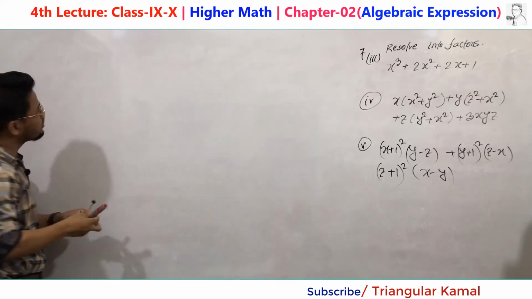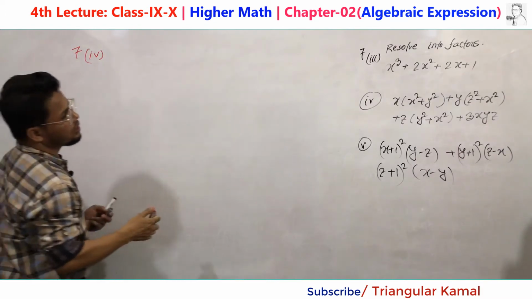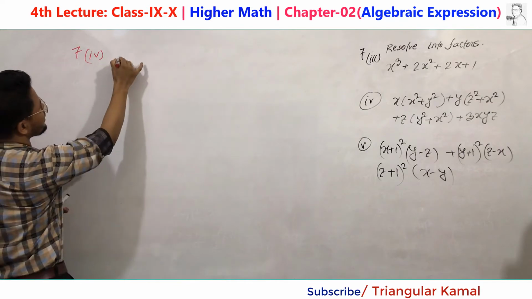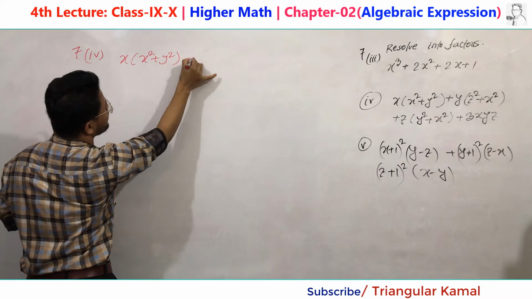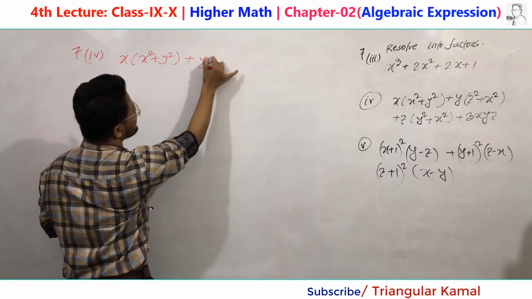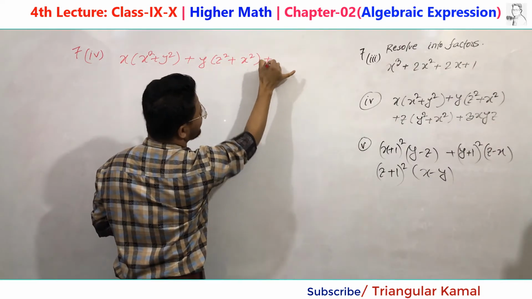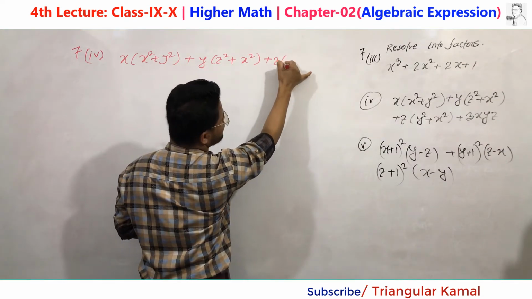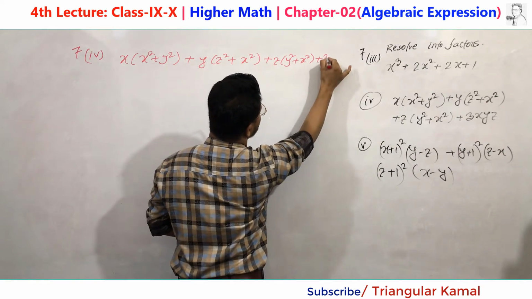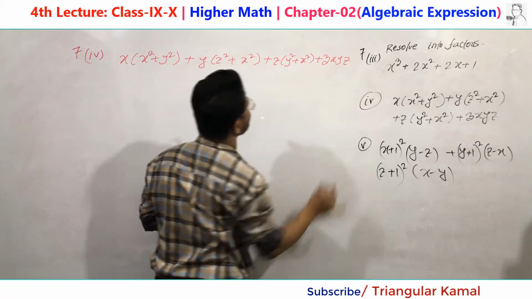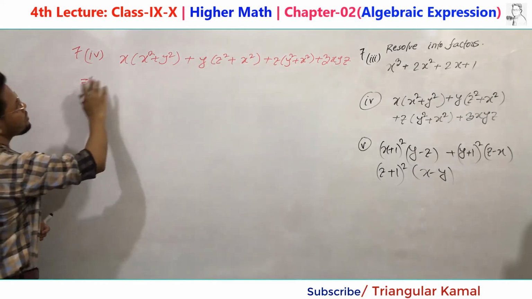Given here: x times of y square plus z square, plus y times of z square plus x square, plus z times of x square plus y square, plus 3 times of x, y, z. Resolve into factors. Okay, now do simple multiply here.